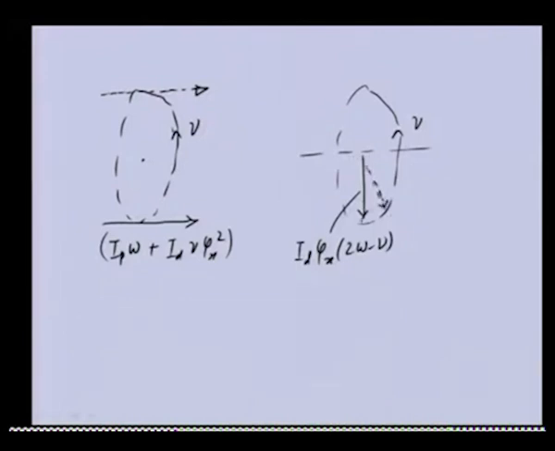So if this is the point C and this is C prime after delta time t, then the direction of this particular angular momentum is changing, and because of this there will be a change in the angular momentum, which will be CC prime.